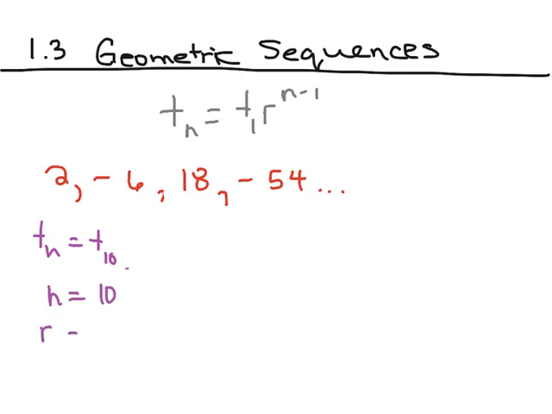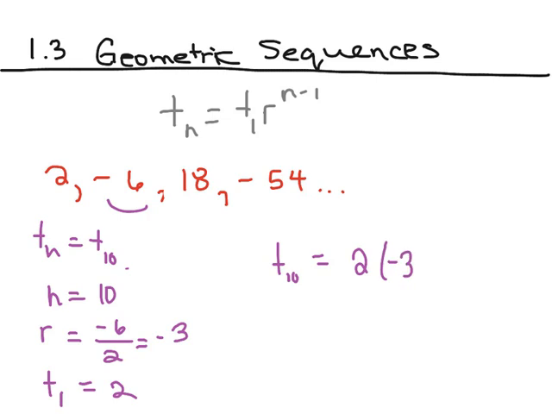To find your R, you take the ratio of your second term divided by the first, so -3, and T1 is equal to 2. Now we just plug it into the equation, so T10 is equal to 2 times your R, which is -3, to the power of n minus 1, which is 9.